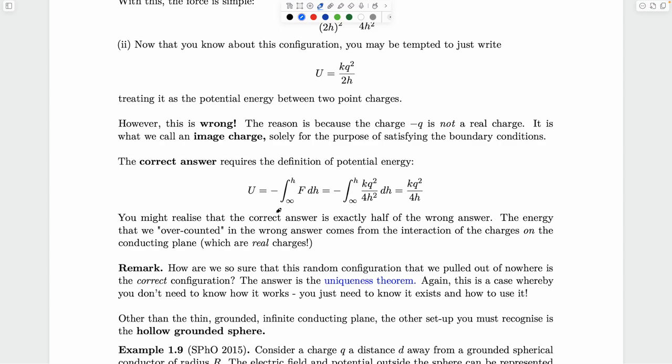So you need to integrate as if you were moving the charge from infinity to the specific point, to yield an answer that is actually different by a factor of 2.